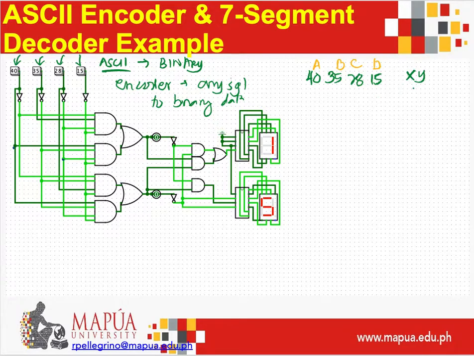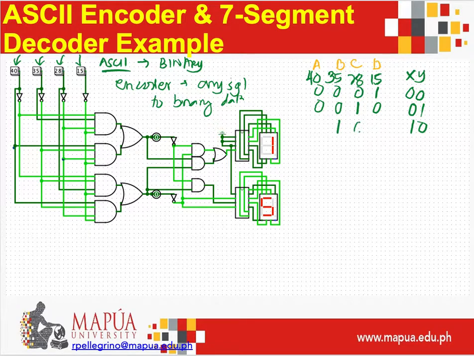The rest will be 0, 1 for the 28, so the rest will not be chosen. 1, 0 will be 35, and 1, 1 is 40.